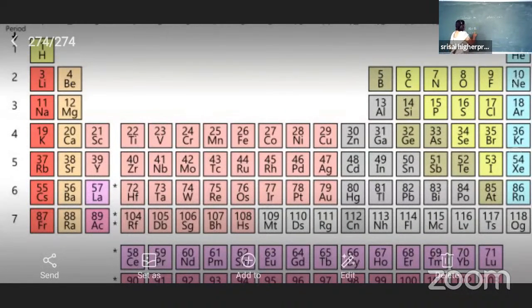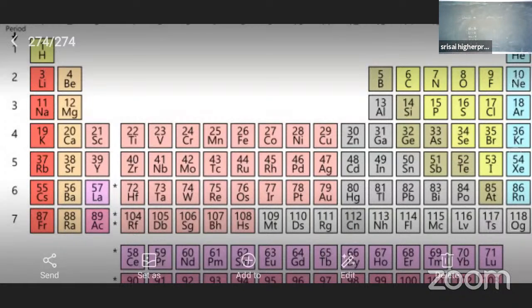These are the atomic numbers given there. Sodium is 11. Are you seeing that? Potassium is 19. Carbon is 6. Oxygen is 8. So this is what atomic number is. You can see in the periodic table, these are the atomic numbers.